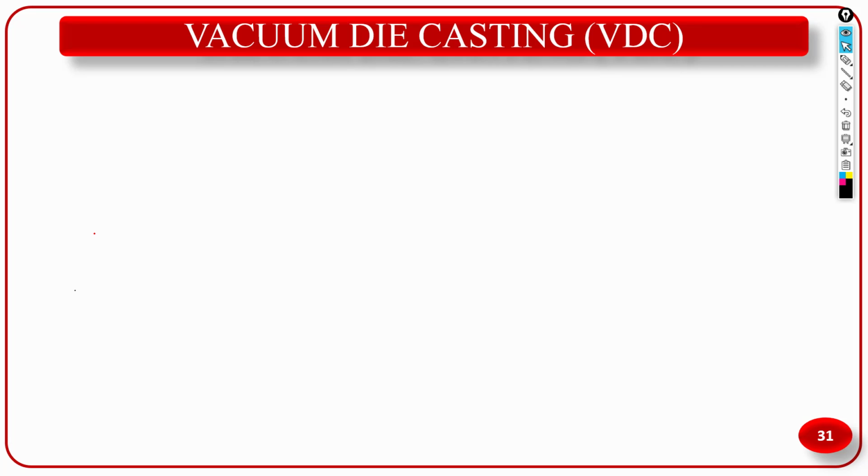I was telling that air trapped inside creates a problem. So now what we are going to do is take out the air. That's why vacuum die casting was developed. In pressure die casting, because of the air entrapped inside, defects were coming up.